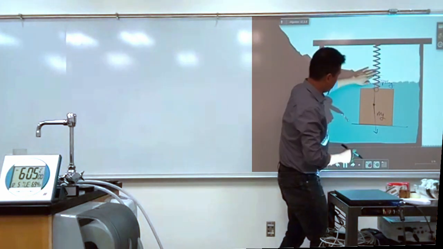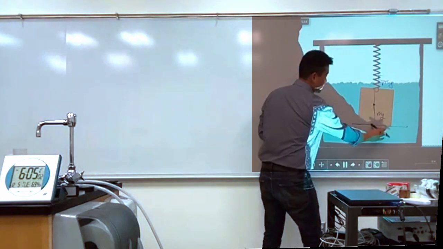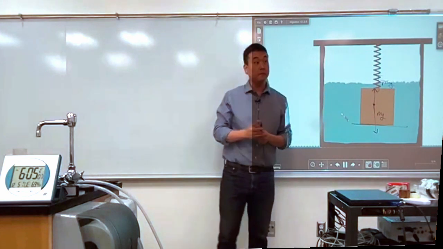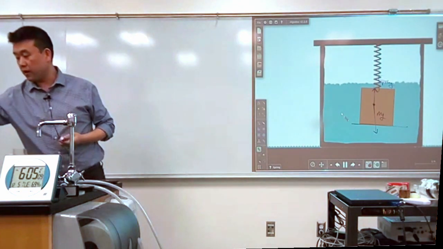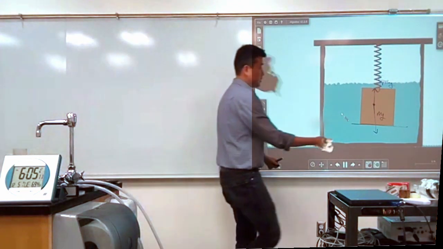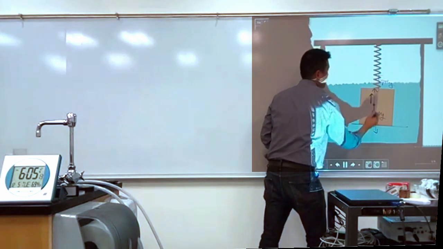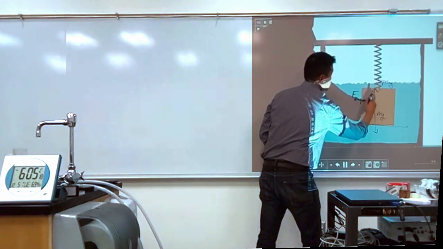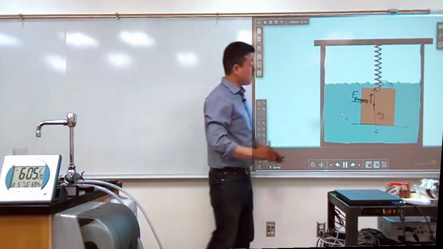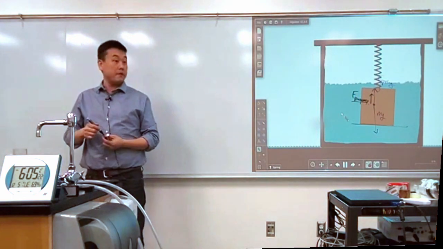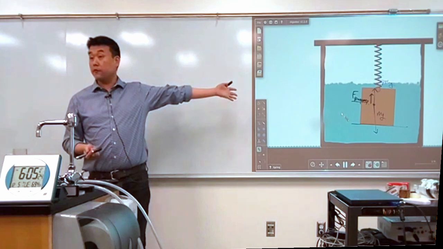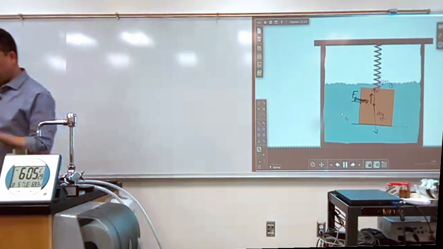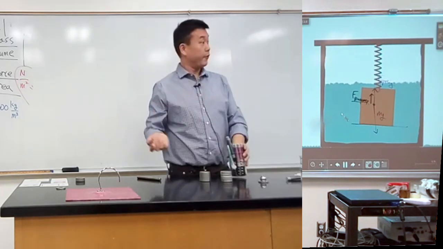And I guess the correct way to draw it would be this spring force is somehow smaller than gravity because while it's sitting in water, there's an additional upward force that we might call buoyancy force. So what I want to do in the next 10, 15 minutes is derive a formula for the buoyancy force. That's something that we can actually do with what little we know of fluids.